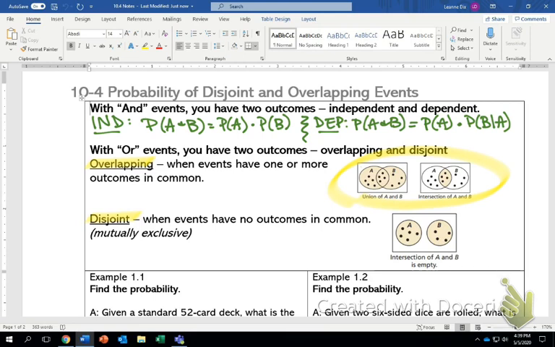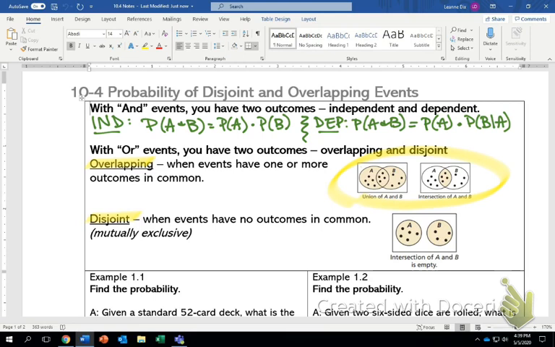For example, if I was looking for multiples of 2, then that would be 2, 4, 6, 8. If I were looking for multiples of 4, that would be 4 and 8.